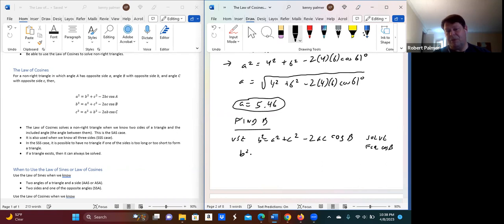So we're going to have B squared minus A squared minus C squared, that's equal to minus 2AC times the cosine of B. Okay, and then divide both sides by this, minus 2AC.